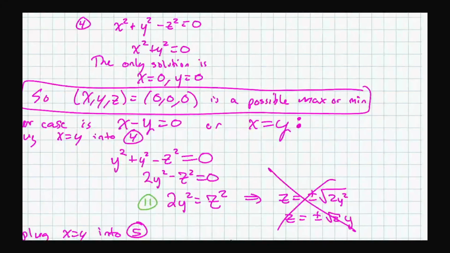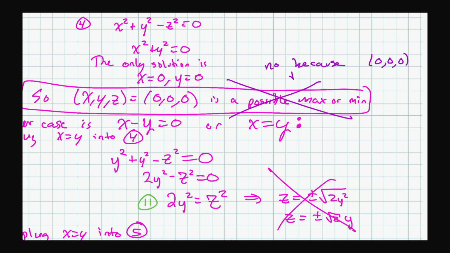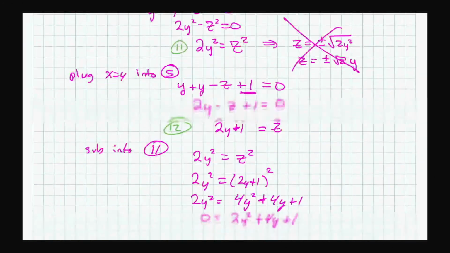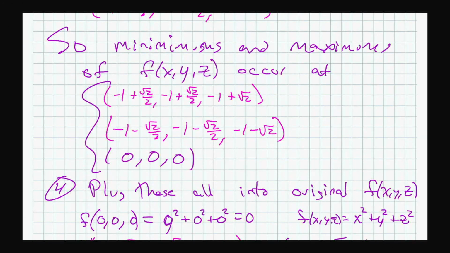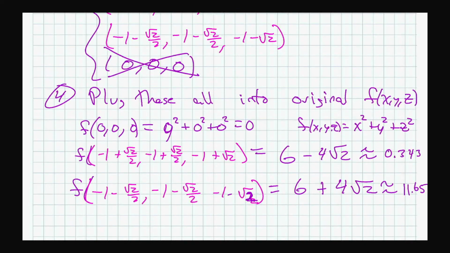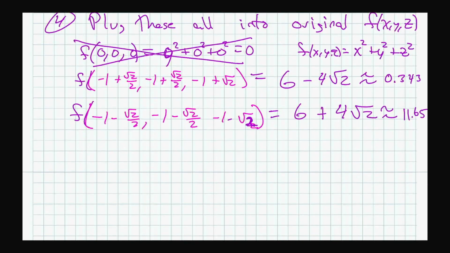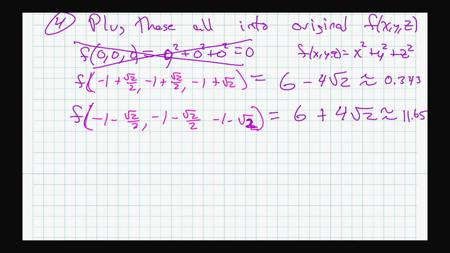We found 0, 0, 0, and I said it's a possible maximum or minimum. But no, because 0, 0, 0 does not satisfy equation 5. So when you come down here, this is not on the list. So you only have these two numbers. You plug these two in, the ones that actually work, and you get around 0.3 and around 11.65. So one of them is the maximum and the other one's your minimum.